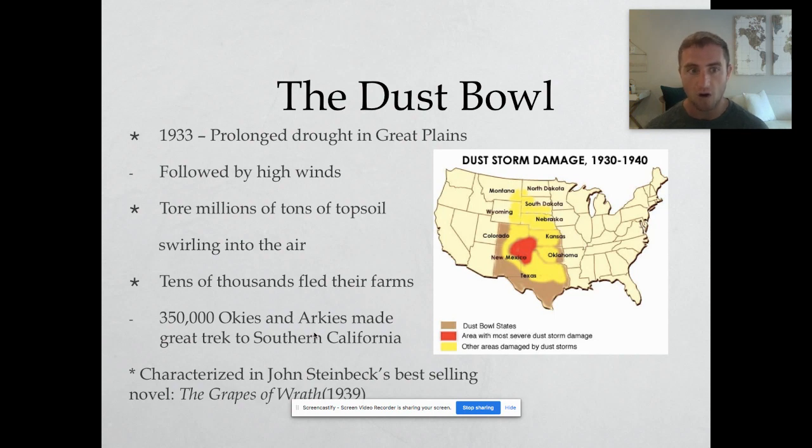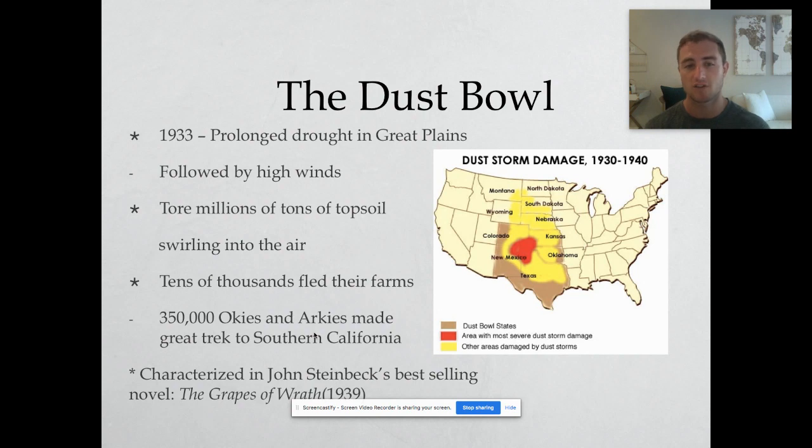And so all of the topsoil is swept away and up into the air and then moved throughout the state, covering people's homes, getting into everything. A child in Kansas allegedly was killed by the dust. And so not only is it dangerous in the air and getting into everything, but also all of your soil is gone and you no longer can farm there.